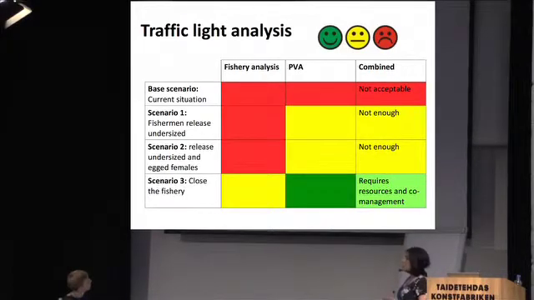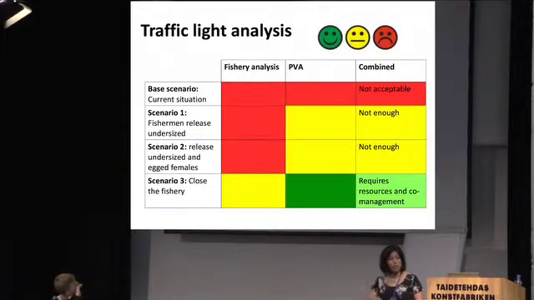We can put these results in a color code and do a traffic light analysis to contribute to the discussion of what could be the most effective and applicable management action, together with other aspects such as social, economic, political things.